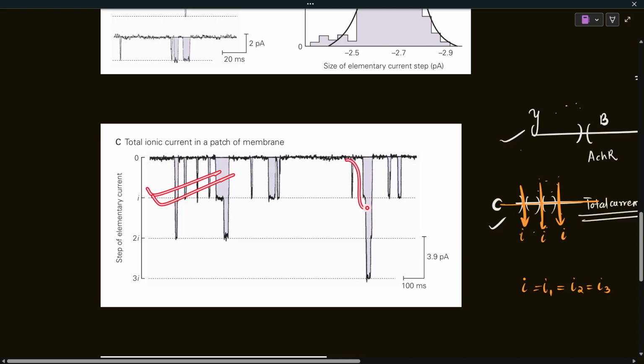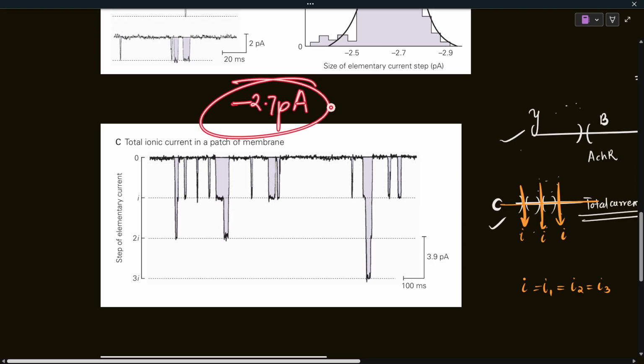This recording proved that each ion channel current can be summed together to give the total ion current. Each acetylcholine receptor produces minus 2.7 picoampere current, and multiple ion channels generate a current of minus 500 nanoampere.